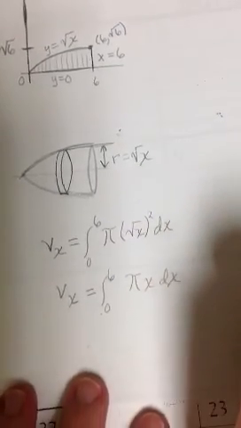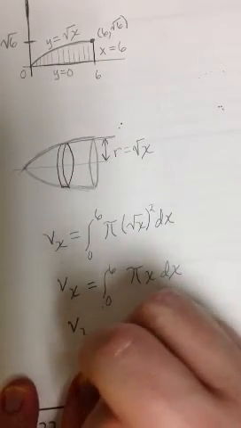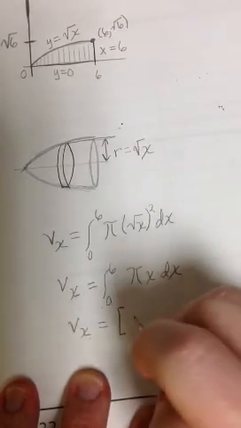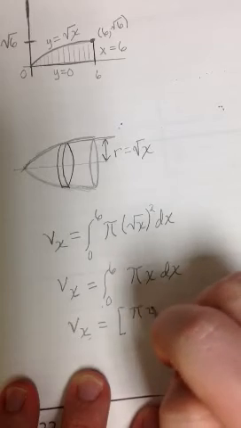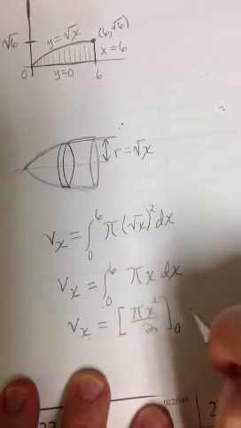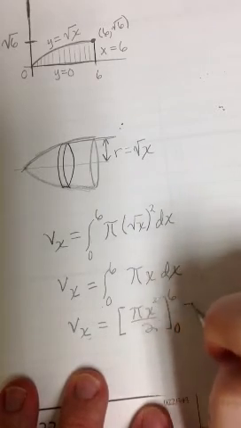And at this juncture, we can now take the power rule of integration. So we have pi times x squared over 2 as x goes from 0 to 6.